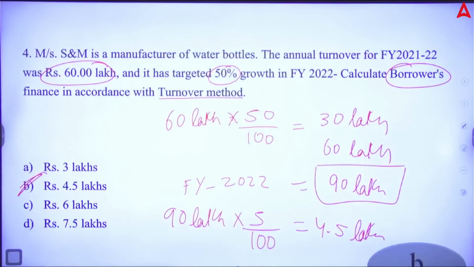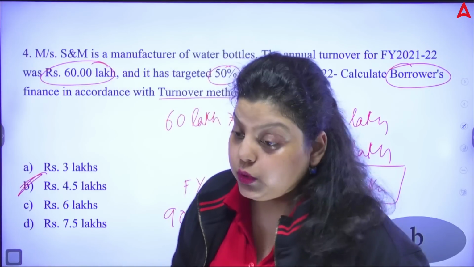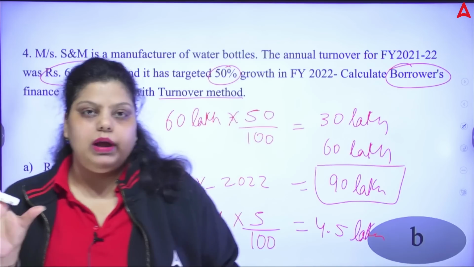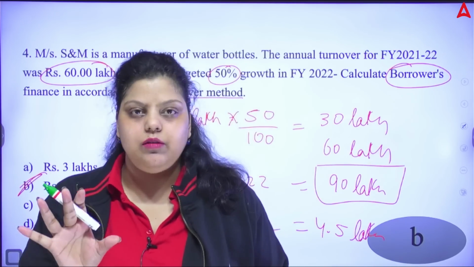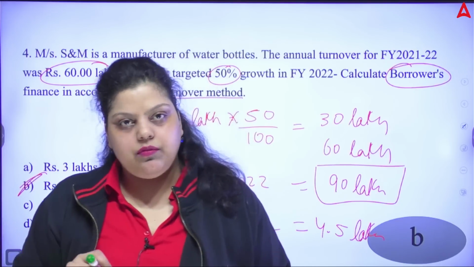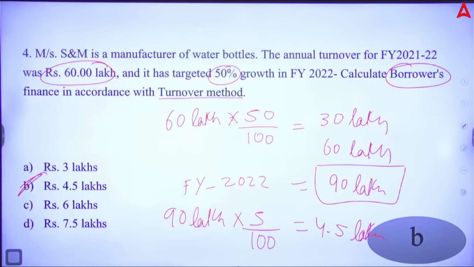So it is the same question. From the turnover method, we have calculated how much fund the borrower has to contribute. Do remember, in the turnover method, it has been specified that the overall capital required, that is working capital, is 25% of your turnover. Out of that, 20% will be taken from the bank finance and 5% has to be contributed by the borrower. So we have calculated the 5%.